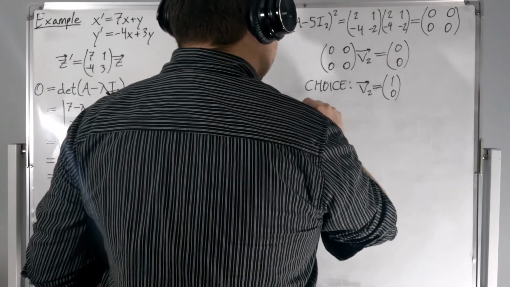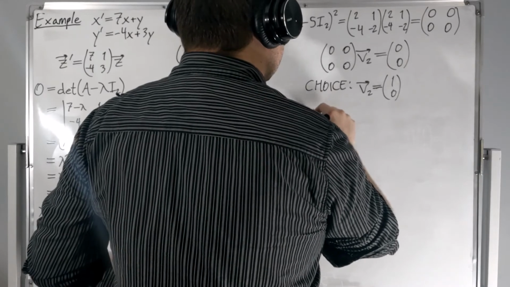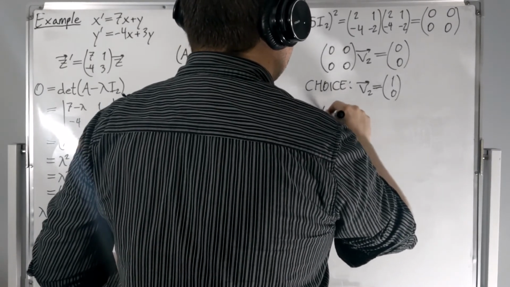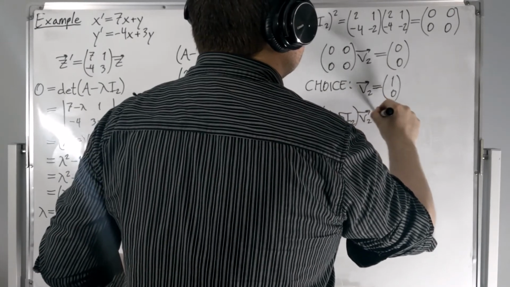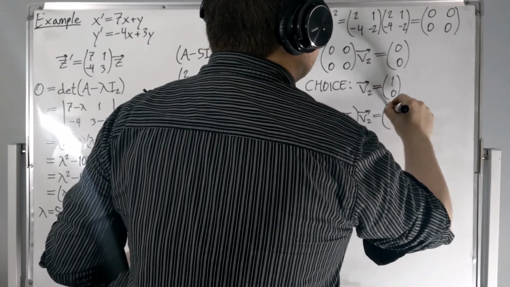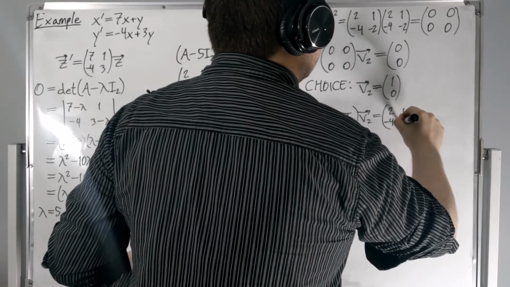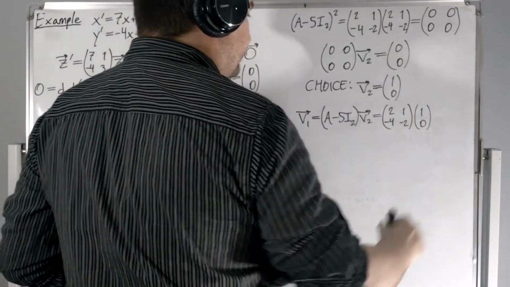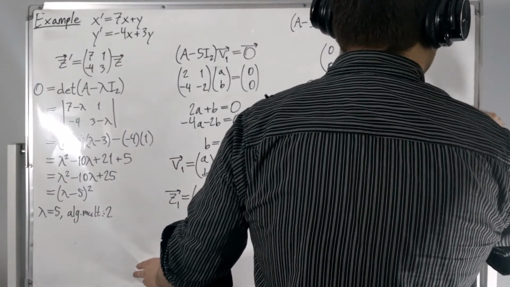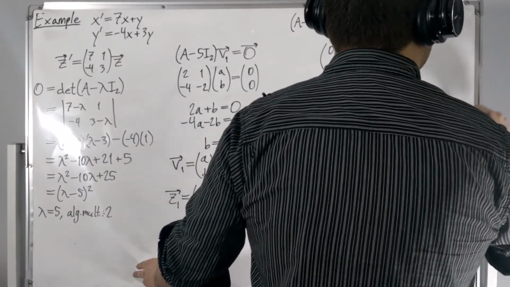We find an eigenvector that is compatible by multiplying A minus 5 I2 by the v2 vector. So that would be (2, 1, -4, -2) multiplied by (1, 0), which comes out to be just (2, -4).